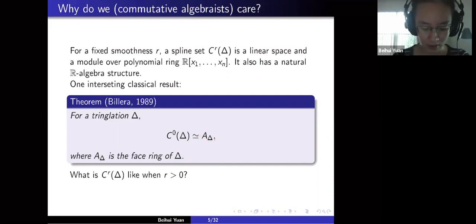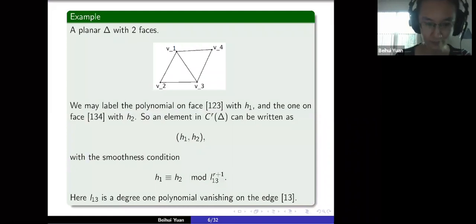Now you may ask, what is C^r of delta like when r is greater than 0? Let's see, maybe this is the simplest example, and we will see what the spline set is like. Here we have such a subdivision. It has two faces. I will assign to this region h1 a polynomial and h2 another polynomial. So an element in this set should be of the form (h1, h2).